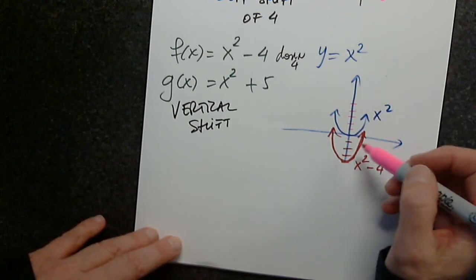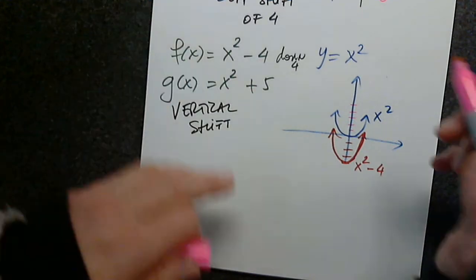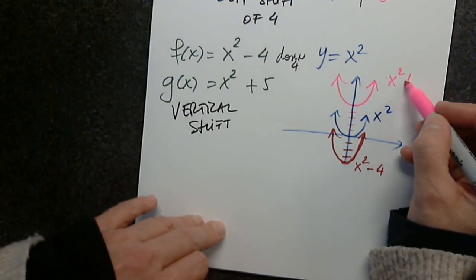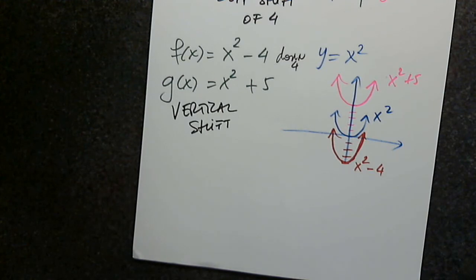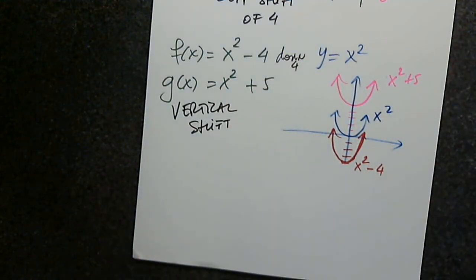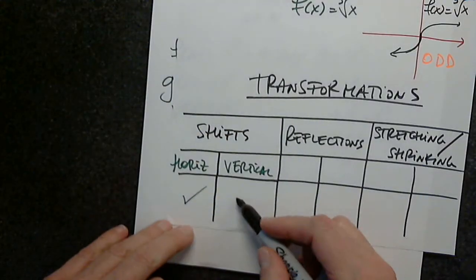Very good. Here it is. This is x squared plus 5. The shape doesn't change. My graph is not perfect. I'm so sorry. The shape is the same. It's shifted up 5 units. So that is the vertical shift.